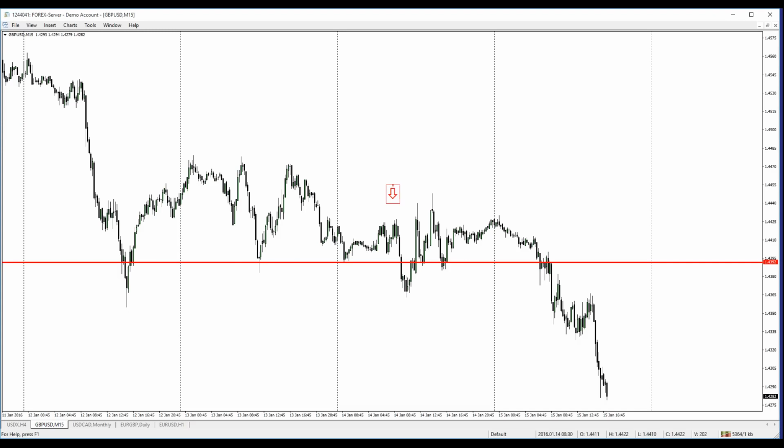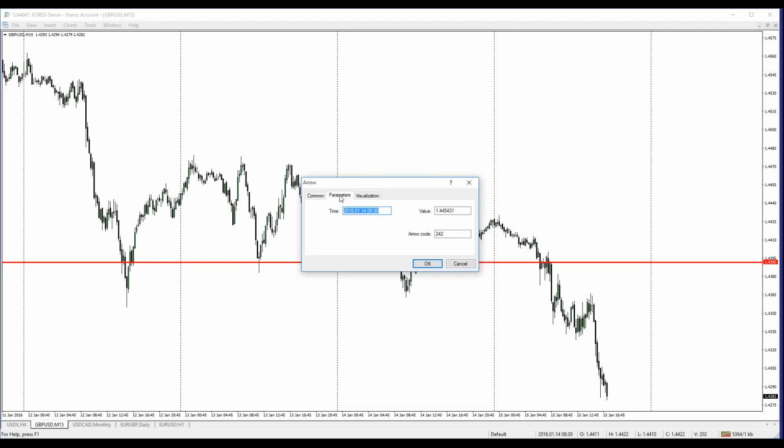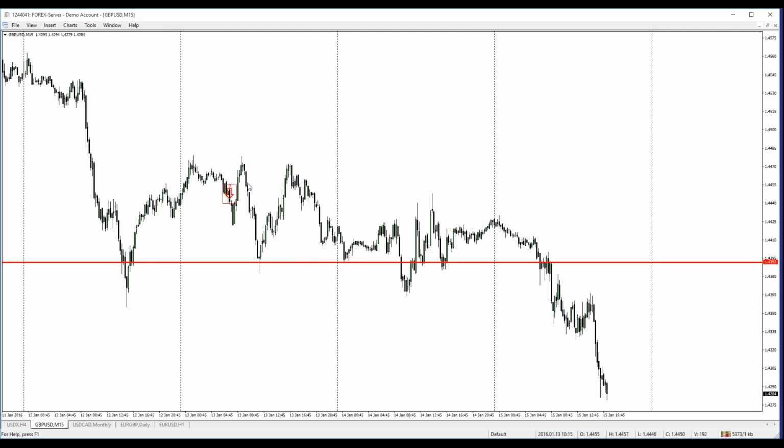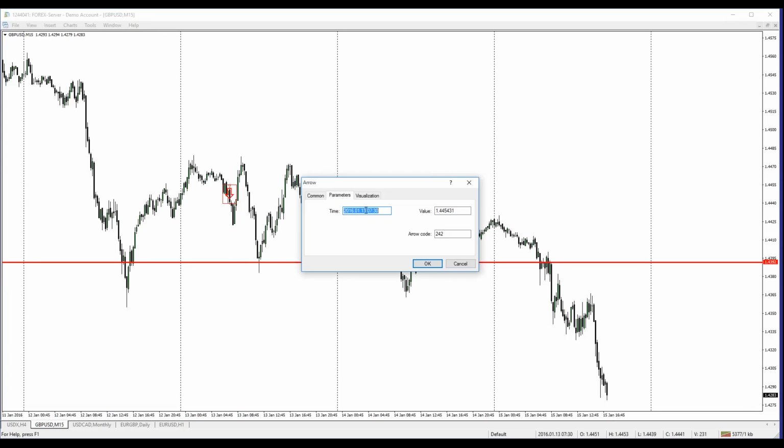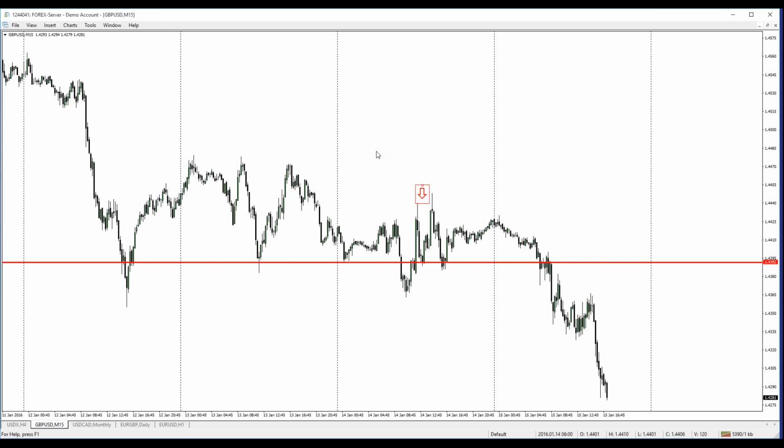1307. And it's on the wrong day. Okay, and time is right here, indicated by the arrow.